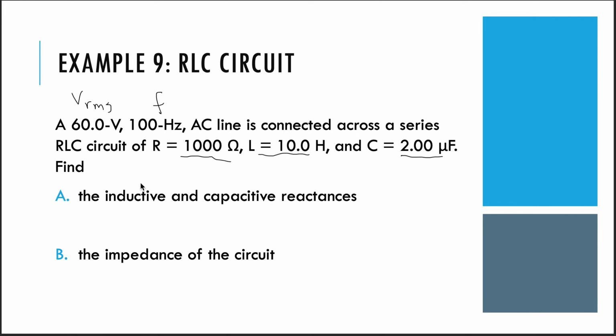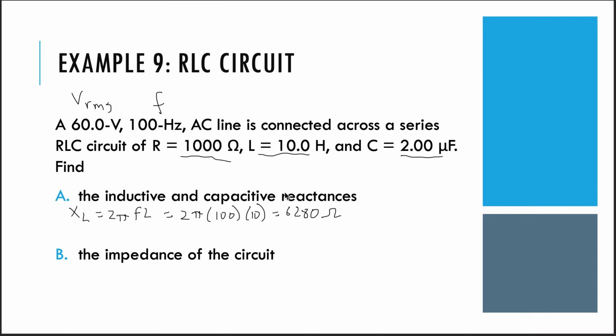The first thing I ask for is the inductive reactance. So this is a plug and chug. XL equals 2 pi f times L. Plug in 2 pi times 100 hertz times 10 henries, and that's going to give us 6280 ohms. That's the inductive reactance.